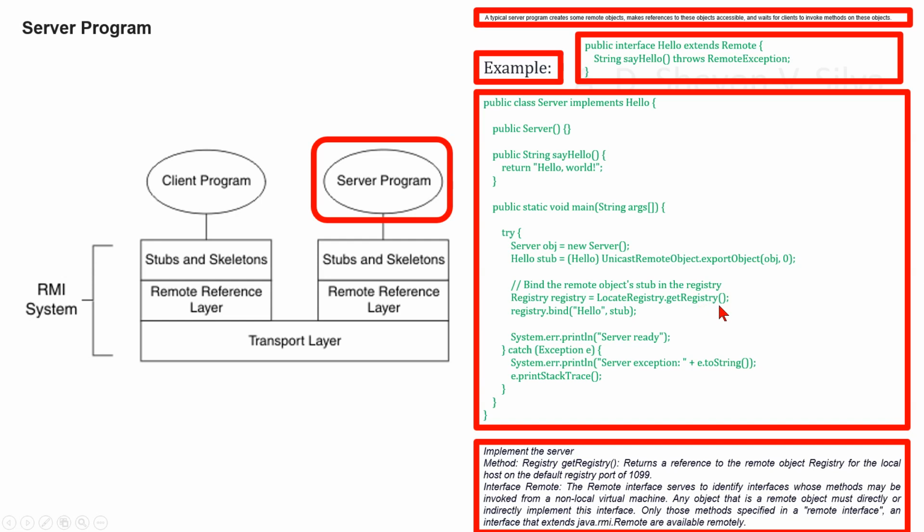And here the interface Remote. The Remote interface serves to identify interfaces whose methods may be invoked from a non-local virtual machine. Any object that is a remote object must directly or indirectly implement this interface.